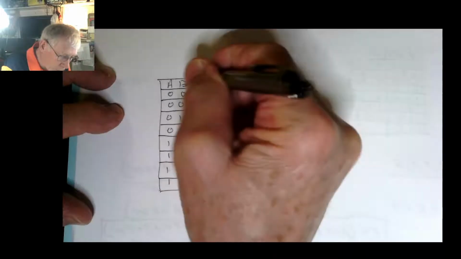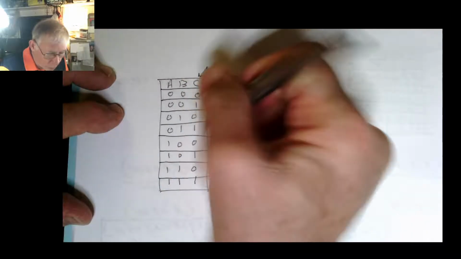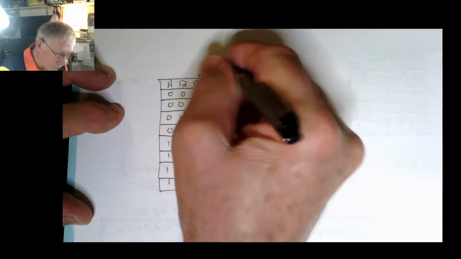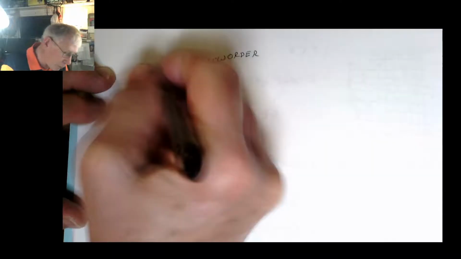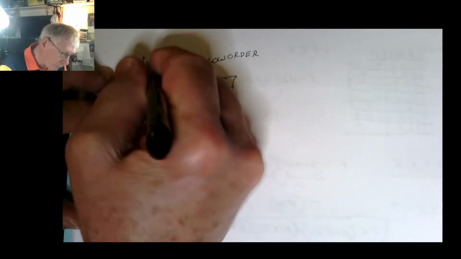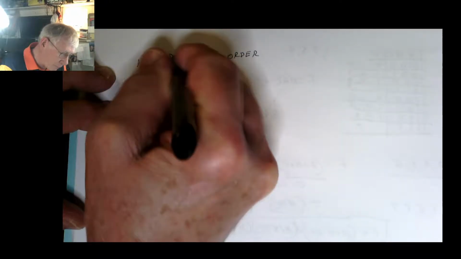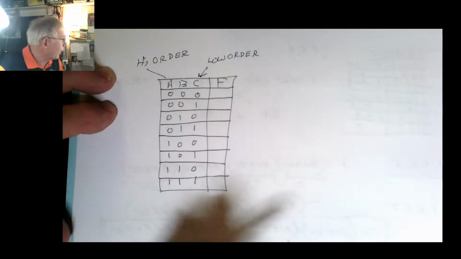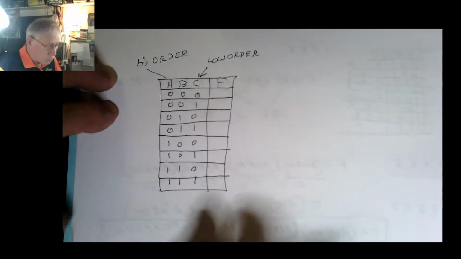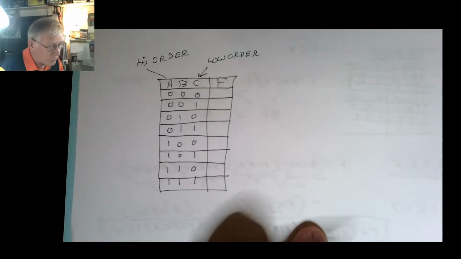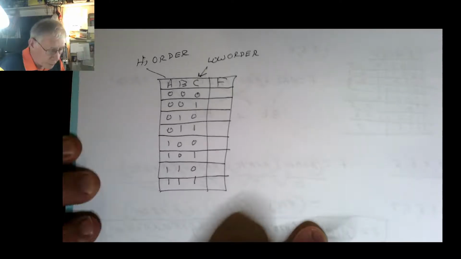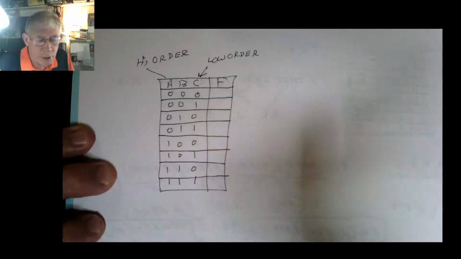Notice we always call this one that changes every row the low order variable, and this one is the high. So A is our high order variable and C is our low order. Our input variables are almost always ranked in some kind of hierarchical ranking because that's the way things work in the binary world. So we really do need to keep that in mind.